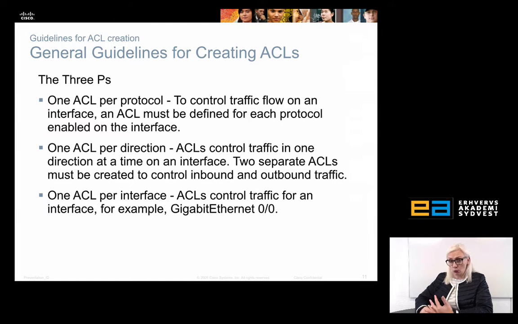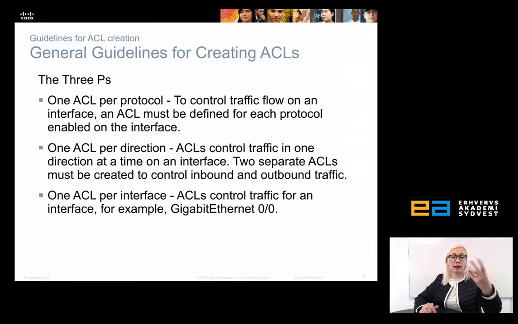There are some rules that apply to ACLs. There are the 3 Ps, which means only one ACL per protocol, 1 ACL per direction, and 1 ACL per interface. So if we have a FastEthernet 0/0 interface, we can only have 1 ACL per direction per protocol.